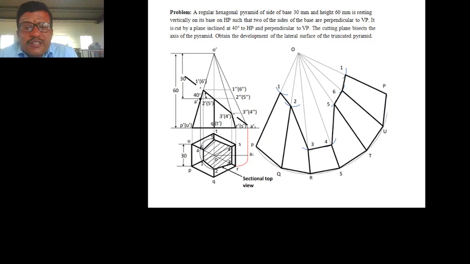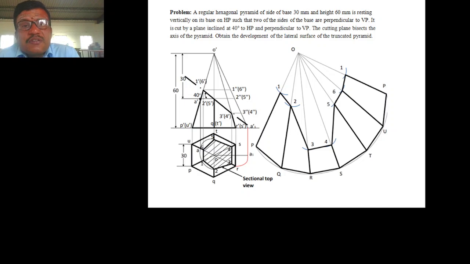Now drawing the development of the surfaces. First take the point O, then measure the slant edge of the front view O dash A dash and mark it as O dash P dash and mark it as OP. From OP as radius, draw an arc.